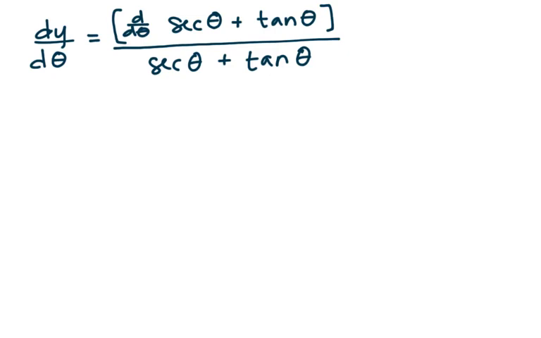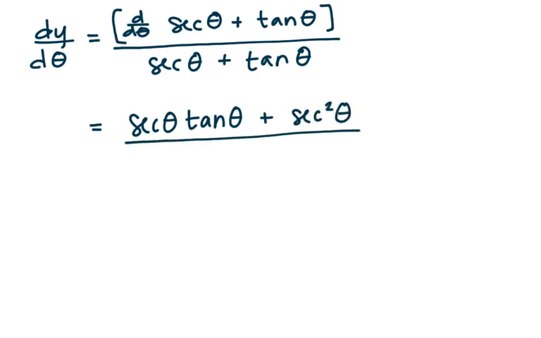We need to take the derivative of the numerator. The derivative of secant is secant theta times tangent theta, and that's something we know. And the derivative of tangent gives us secant squared theta. Still all over secant theta plus tangent theta.